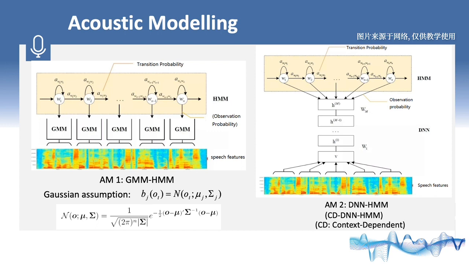Different from the GMM model, in order to obtain better performance improvement, the DNN model introduces context information. So it is called CD-DNN-HMM, context-dependent DNN-HMM model.